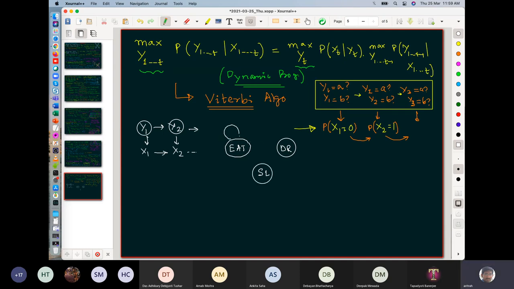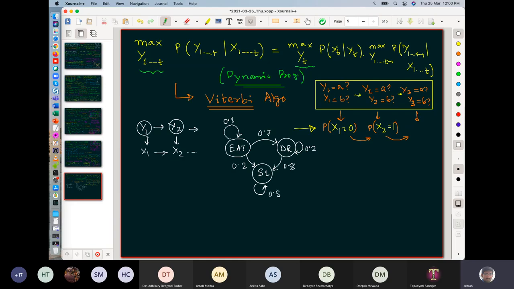When it eats, there is a probability it keeps on eating, let's say 0.1. After eating, it has a higher probability of drinking, and then a sleeping probability of 0.2. So this sums to 1. Then it drinks with a probability of 0.2. After drinking, it has a sleeping probability of, let's say, 0.8.